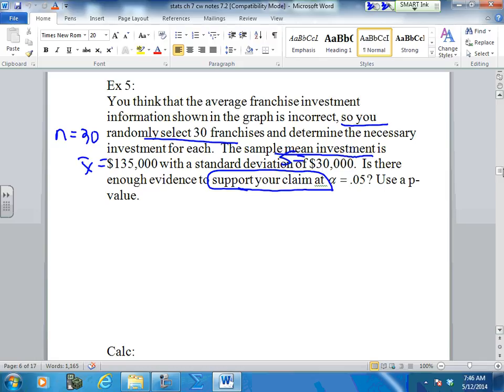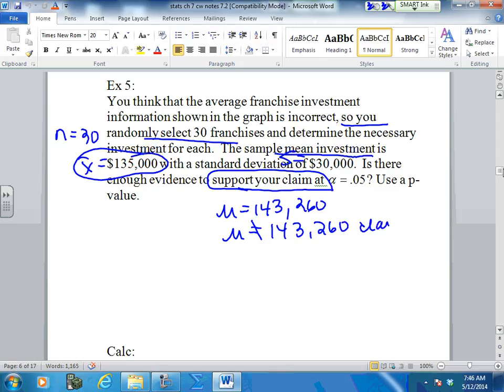So their sample mean shows this. 60? Okay, you're challenging that. So you find all your information and you say that you think yours is this. If you think yours is this and theirs is this, what is your claim? It is not. Good. It is not. Here's your claim. It is not equal to this.